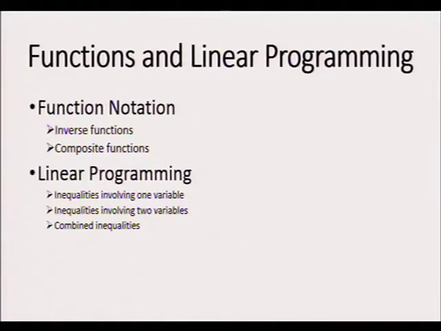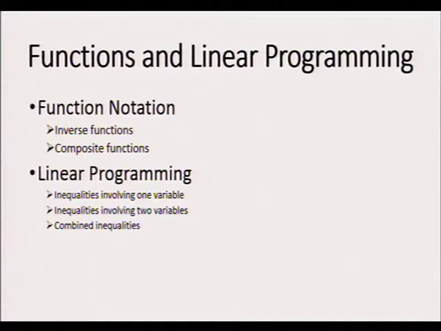Alright, moving on to functions and linear programming. Function notation, you have inverse functions. You should be able to find inverse functions. Let me say you are given that y is equal to 2x plus 3. To find the inverse of this, remember y can be written as f of x.